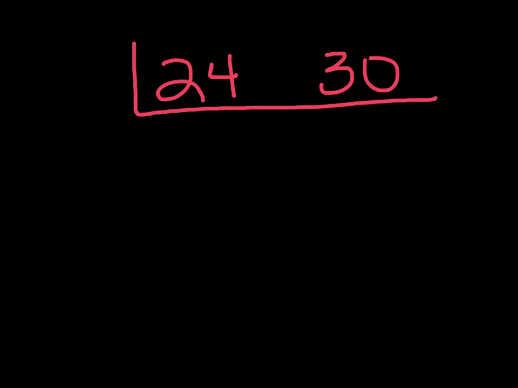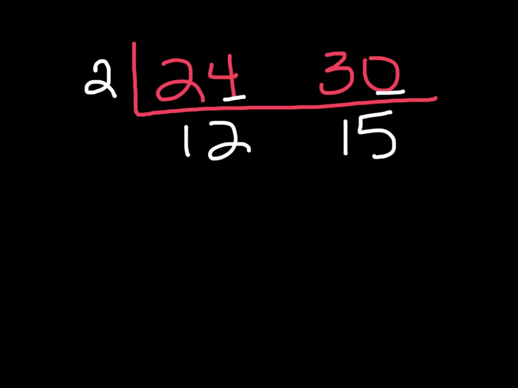Then you want to look for easy numbers that you can divide both of these by. I'm going to use my divisibility rules. This ends in a 4 and this ends in a 0. They're both even, so I know that I can divide them both by 2. If I divide 24 by 2, I have 12, and if I take 30 divided by 2, I'm left with 15.